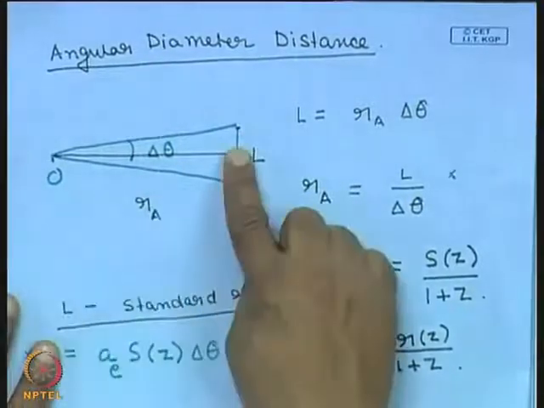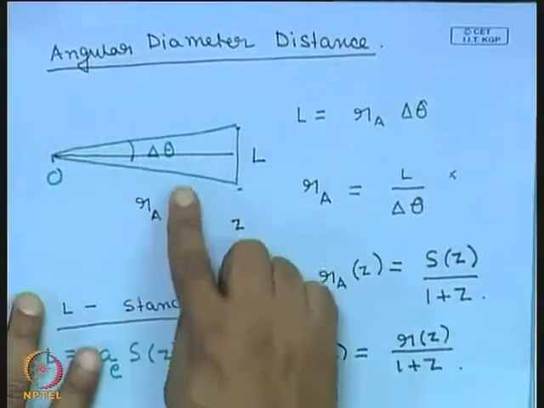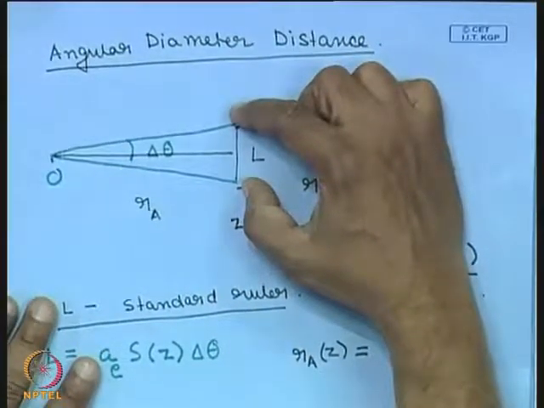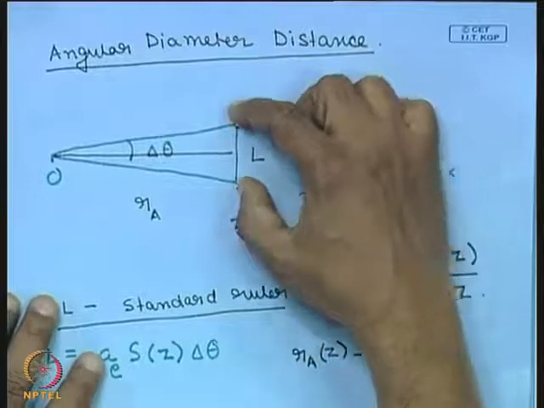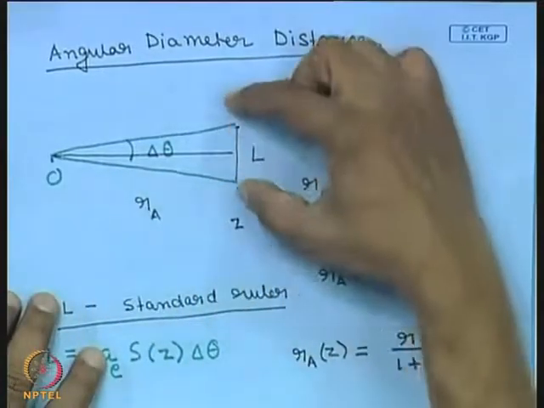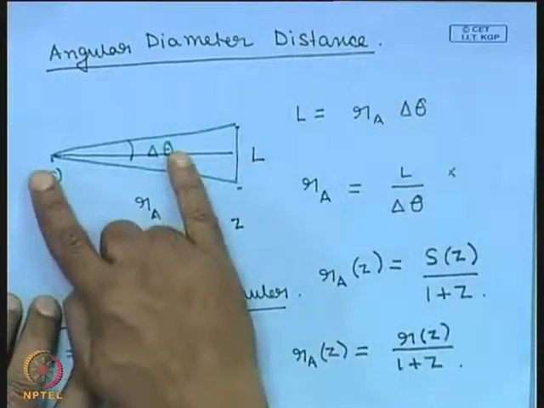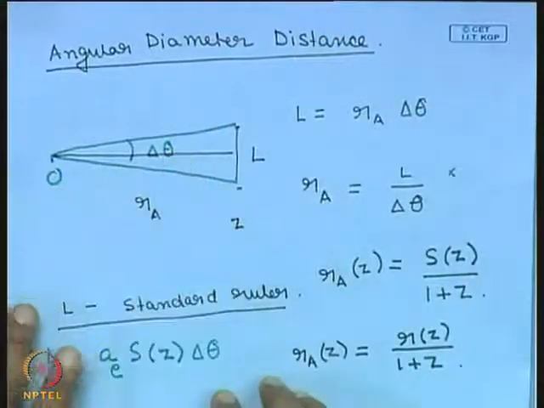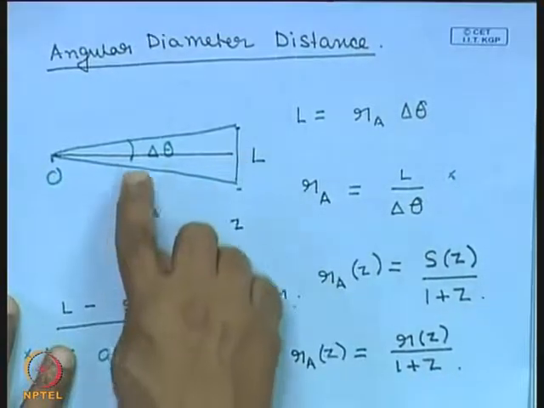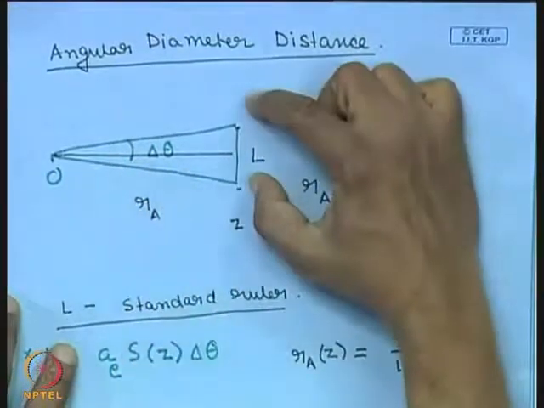If I have an object whose proper size is known, then the angle it subtends is the ratio of the proper size to the angular diameter distance. Or what is more useful is that if I know the angular diameter distance and I can measure the angle it subtends, I can get the proper size.